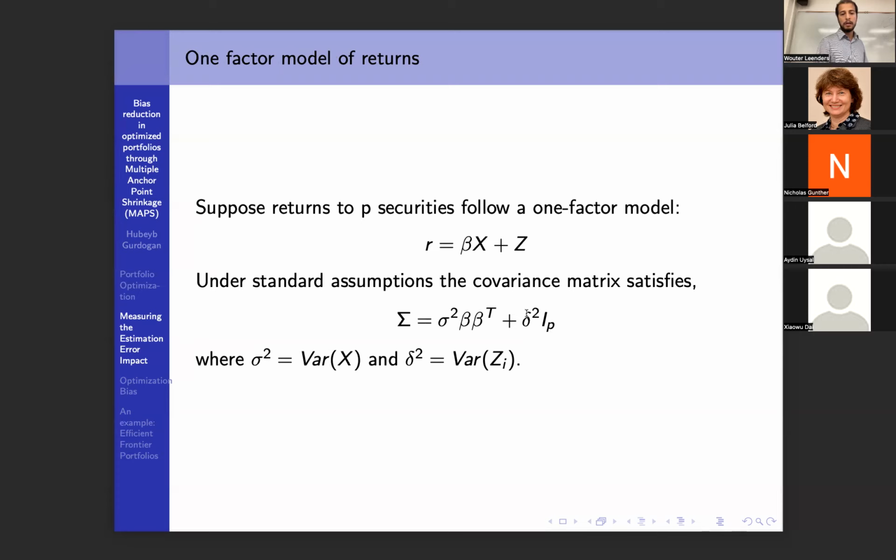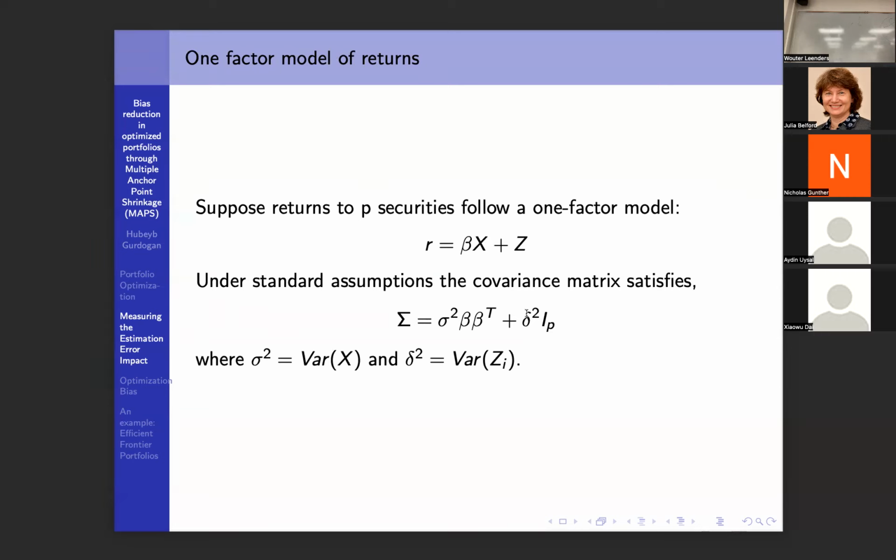Okay, so we are following a one-factor model of returns, where R is a p by 1 vector, beta is a p by 1 vector, and capital C is a p by 1 vector. We can think of beta as an exposure to the market return, capital X as the market return, and capital Z as the residuals.